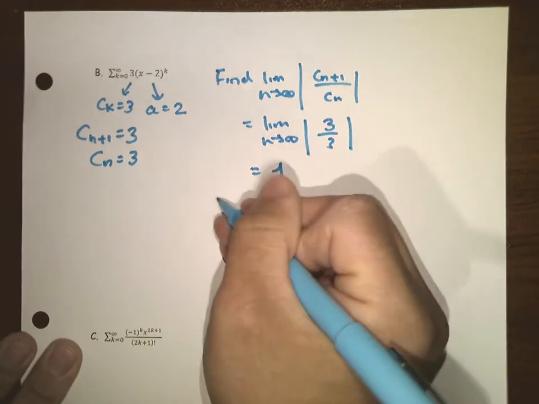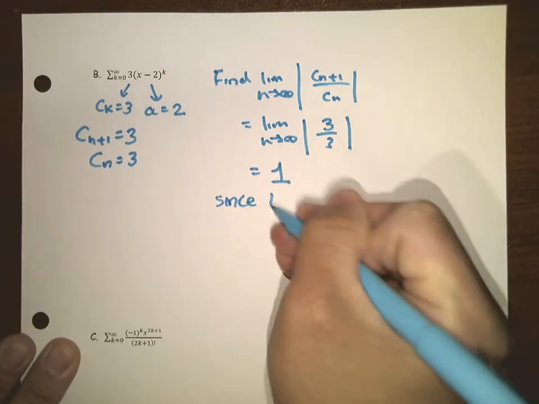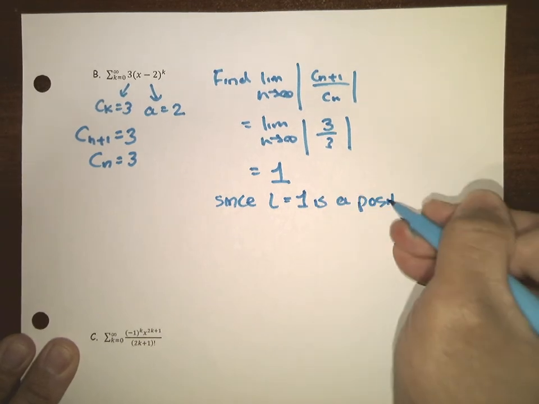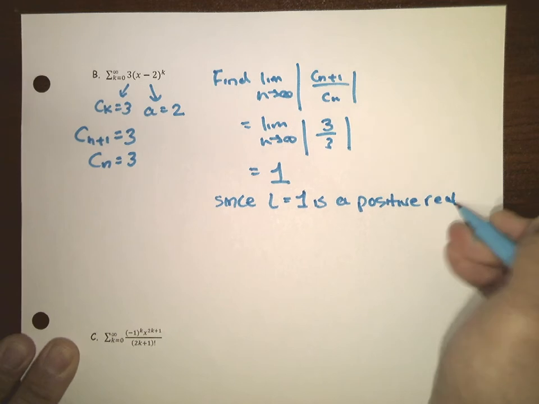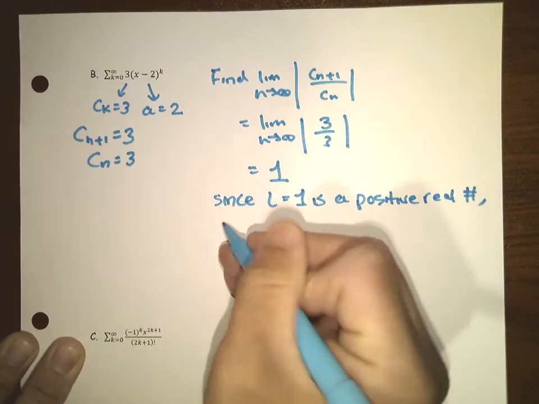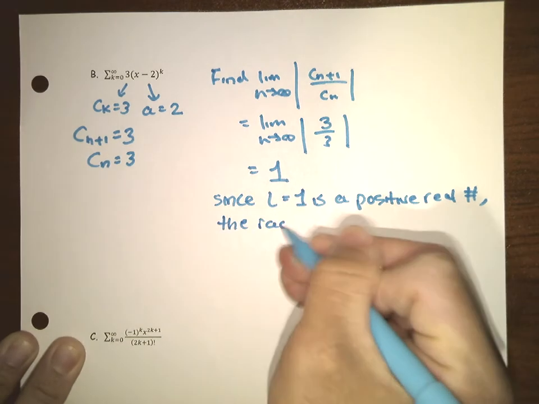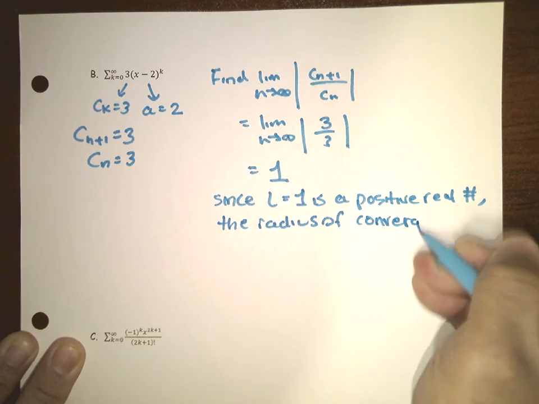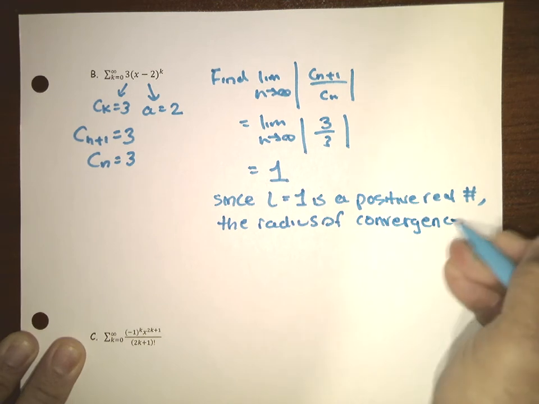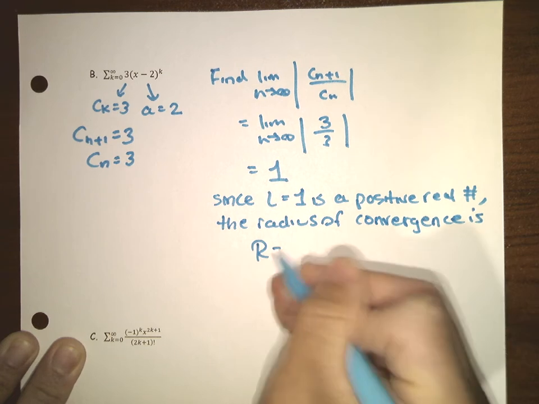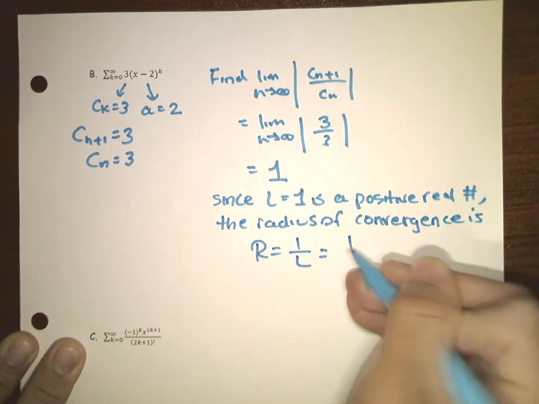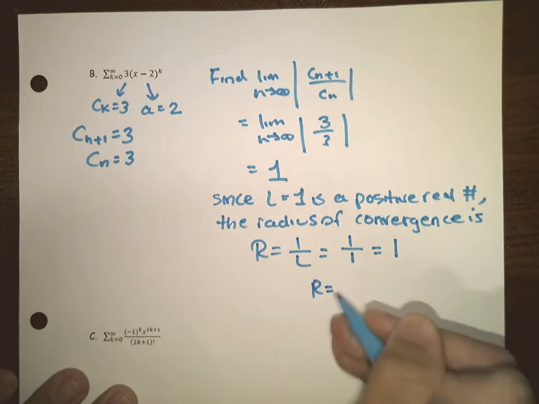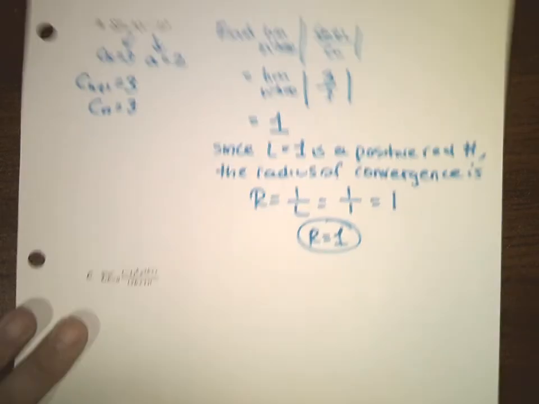And then since L equals 1 is a positive real number, the radius of convergence is going to be, remember, r is 1 over L, so that's 1 over 1, so it's 1. So r is 1 in this case.